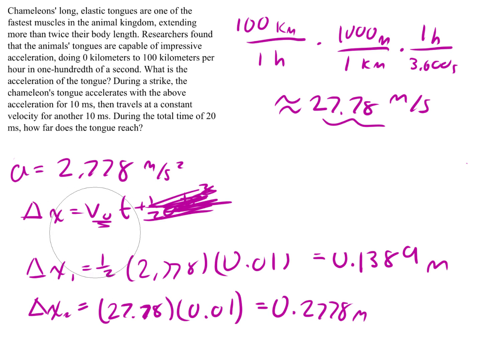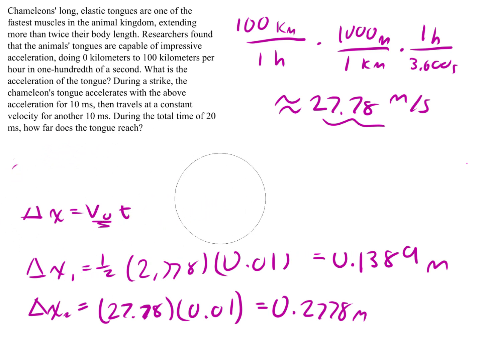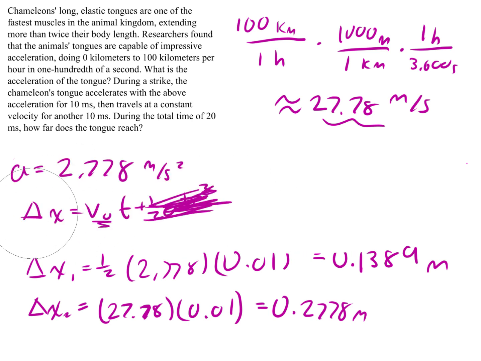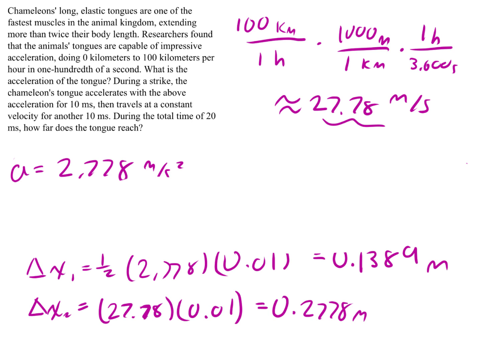And now to get the total displacement of the tongue, we simply add the two displacements from the two stages together, the displacement during the acceleration and the displacement during the constant velocity.